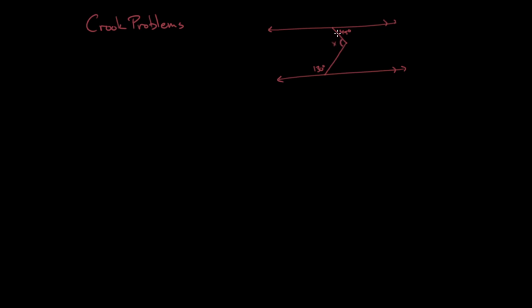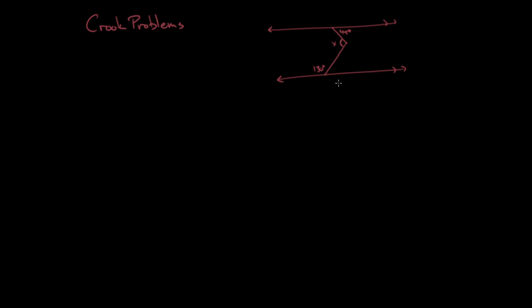So Crook problems are an interesting type of problem. The reason that they're interesting to me is because they employ a problem-solving technique that's important to understand in general. If we have a problem like this that we don't know how to do, how can we adjust it or manipulate it to be a problem that I do know how to do?